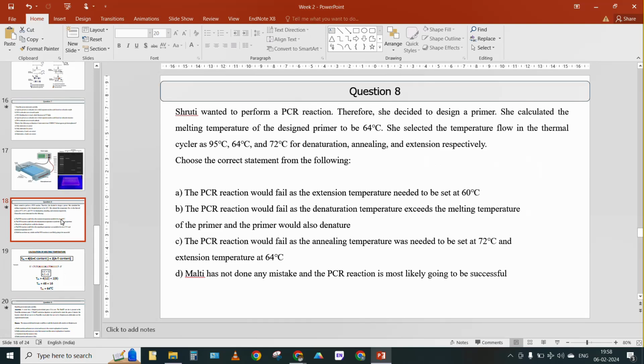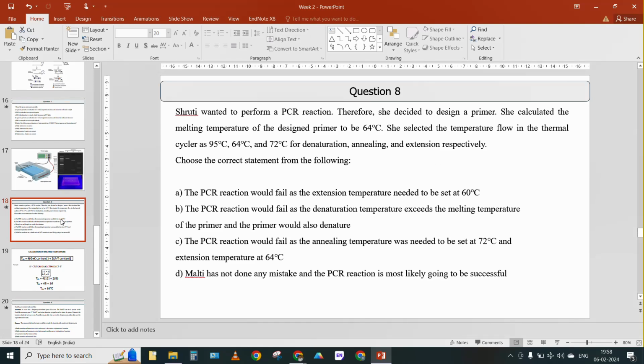Statement A is the PCR reaction would fail as the extension temperature needed to be set at 60 degrees Celsius. Statement B states that the PCR reaction would fail as the denaturation temperature exceeds the melting temperature of the primer and the primer would also denature.